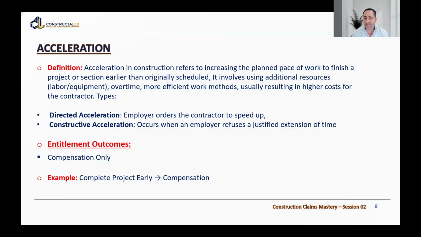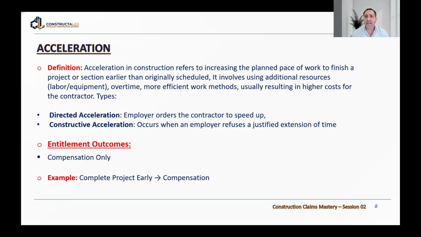And we have two types of acceleration. We have directed acceleration, in which the employer orders the contractor to speed up the work for any reason, wanting to complete the project earlier than the contractual completion date. Or let us assume that we have already agreed an extension of time, but even so the employer wants to complete the project on time or earlier.